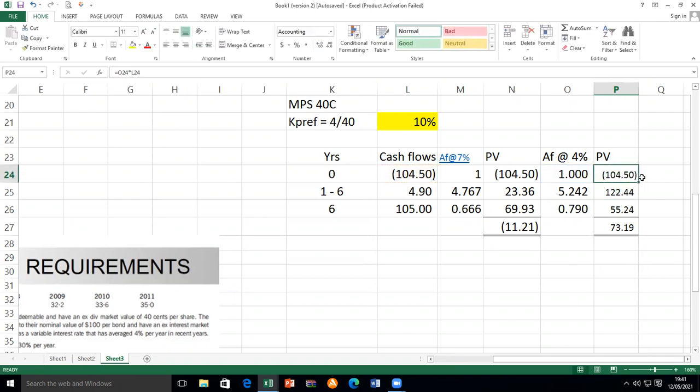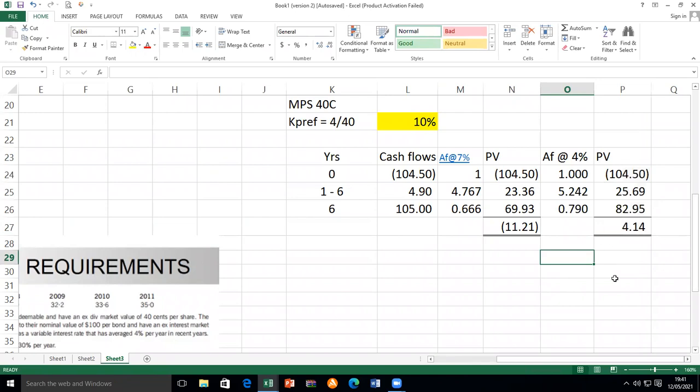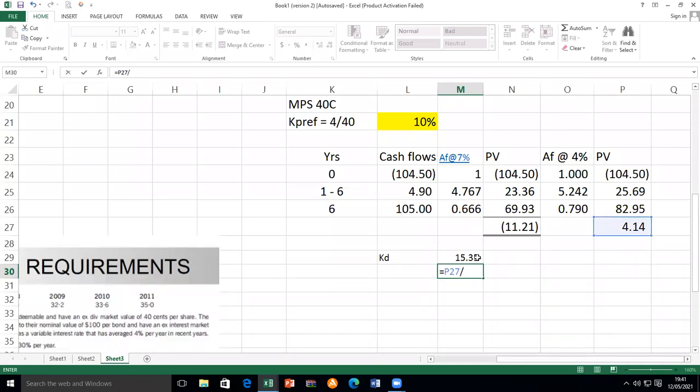Is that okay now? Agree? So what's our cost of debt? We say that minus that, and I say that divided by that.